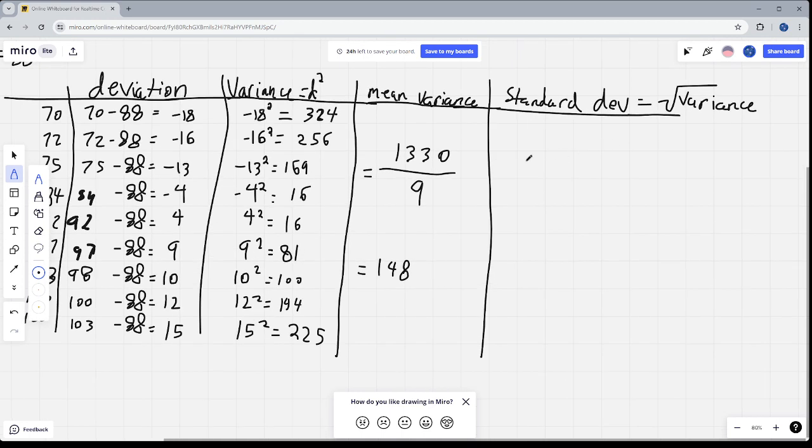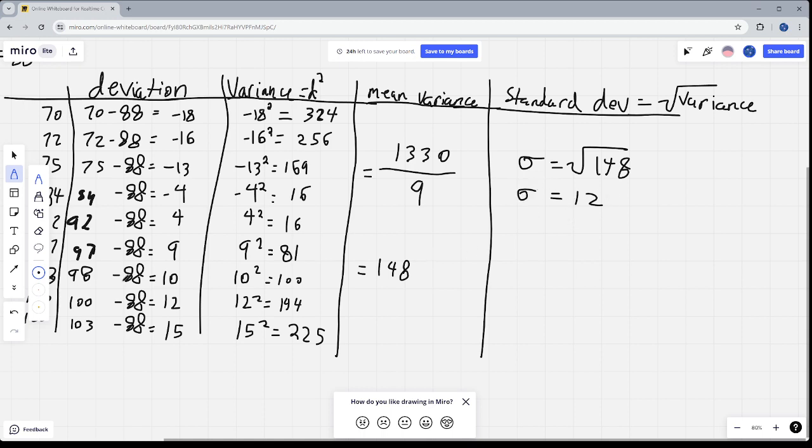So the square root of 148 equals 12. Good. We'll just round it to 12 for now.